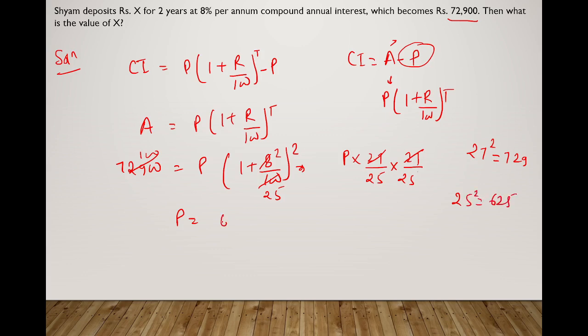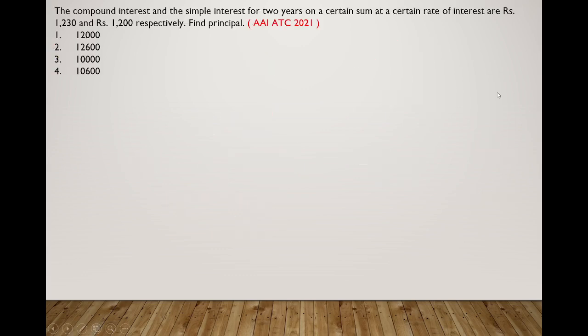So the principal is 62500. There is no option for this question, but the answer is the principal. Syam deposits 62500, which becomes 72900 after 2 years.